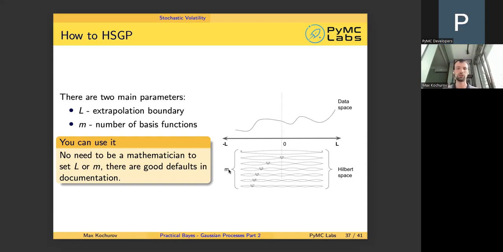But when it's compared to cubic complexity, you still have this huge difference. So the more complicated your function is, the more basis functions you should use.